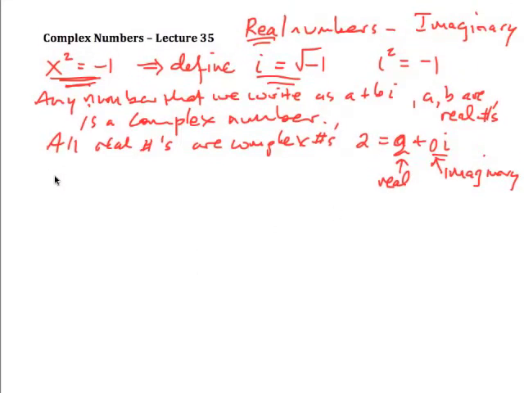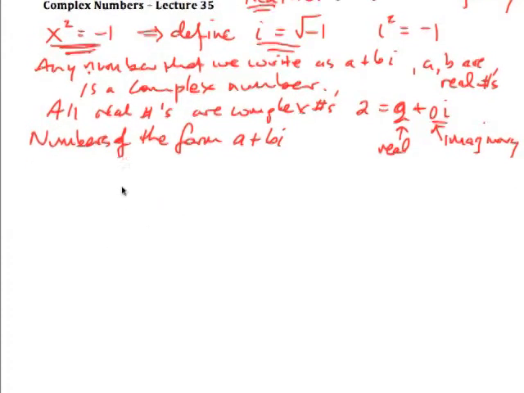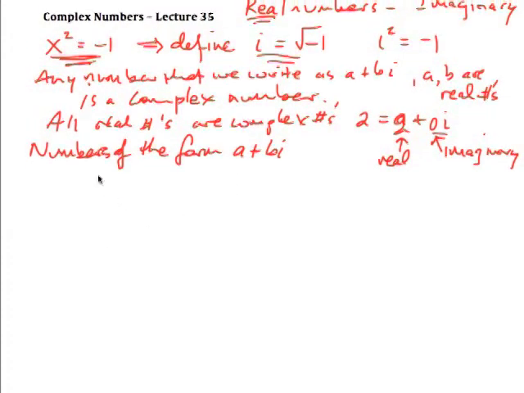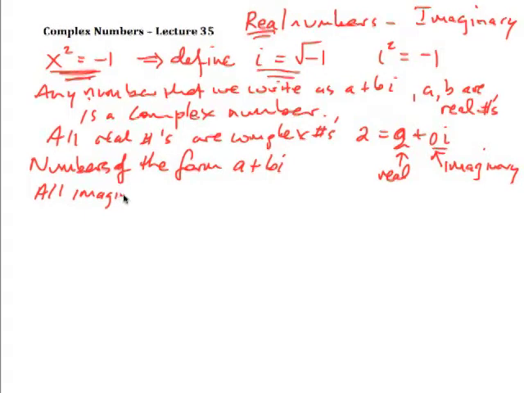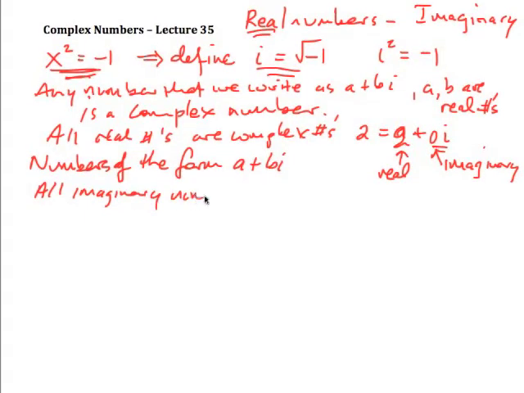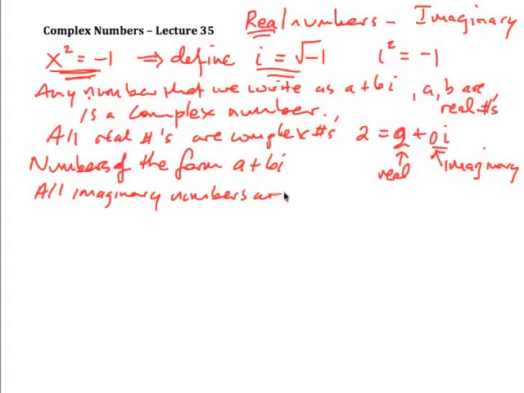Okay, so what we're going to deal with in this section is complex numbers. So these are numbers of the form a plus bi. All real numbers are complex numbers, and all imaginary numbers are also complex numbers.